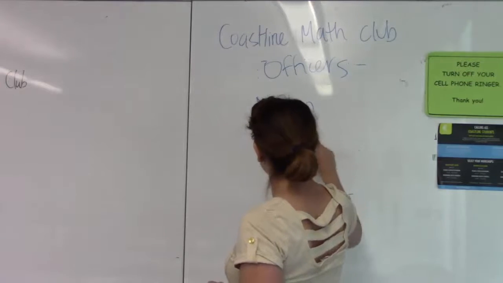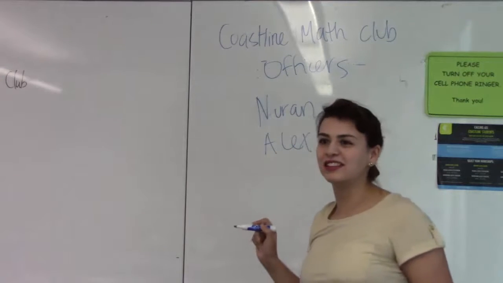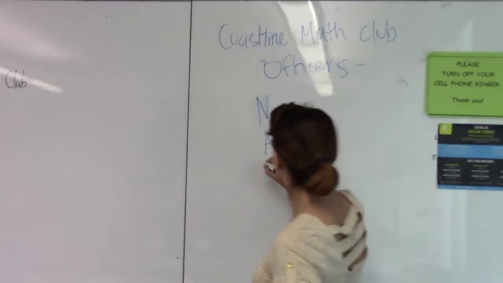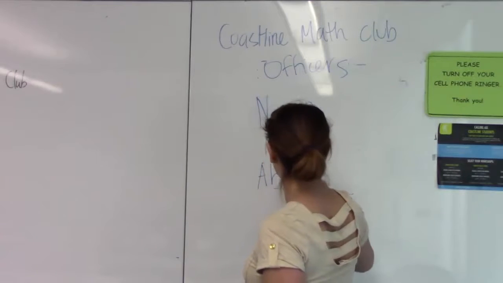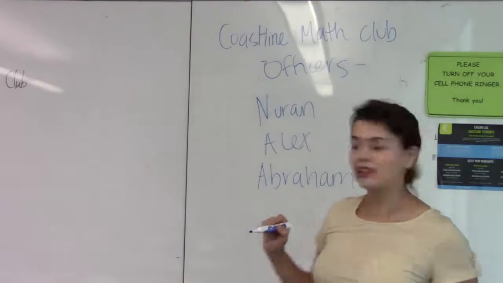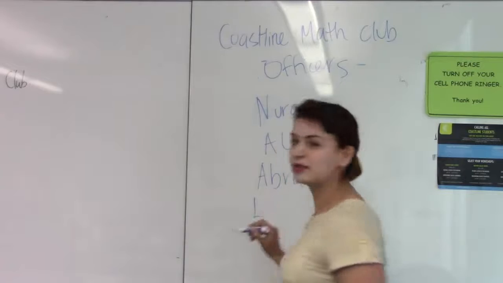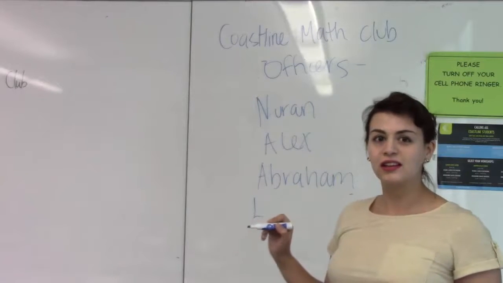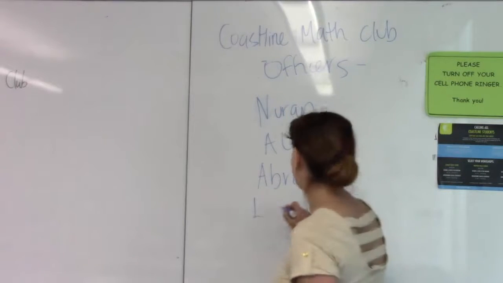Okay, Alex. I didn't catch the other names. Abraham? Abraham. If I spell it wrong, let me know. And then Leo, or Chris, I go by Leo. I'm going to put Leo.